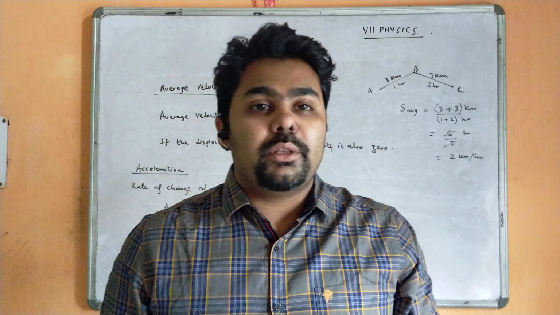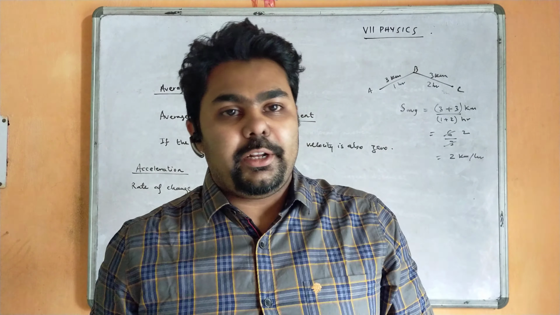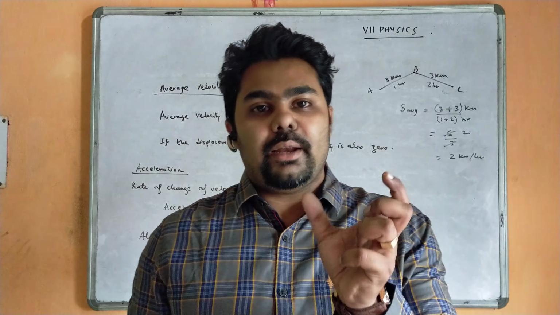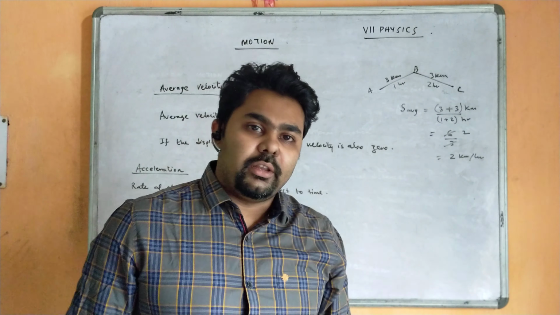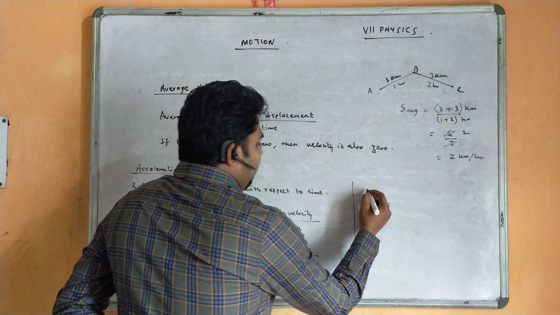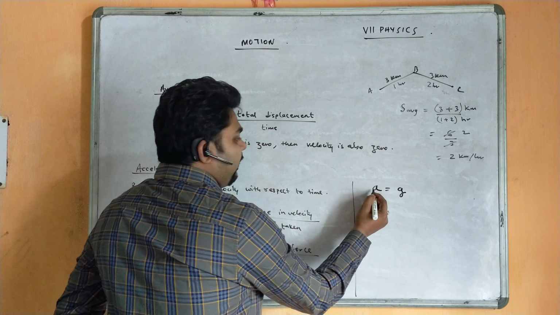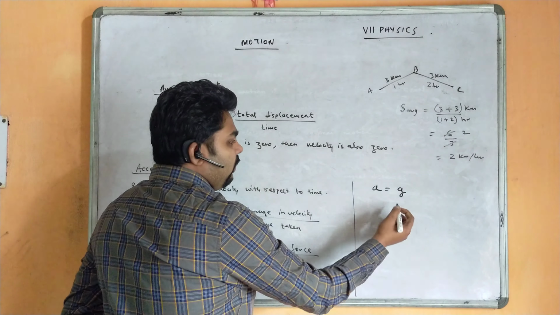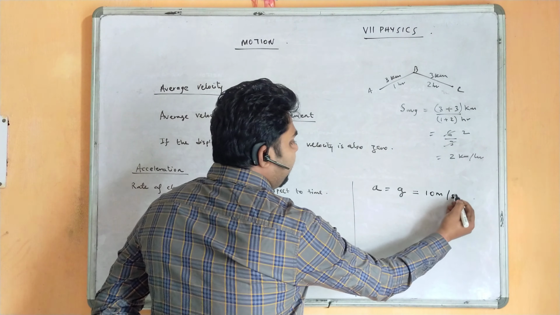It falls with acceleration due to gravity. That means the force with which the Earth attracts us towards it, the Earth's gravitational pull, gives the acceleration due to gravity. So when I say acceleration due to gravity, that is, a becomes g, that is the acceleration with which the fruit falls down, and the value of g is 10 meter per second square.